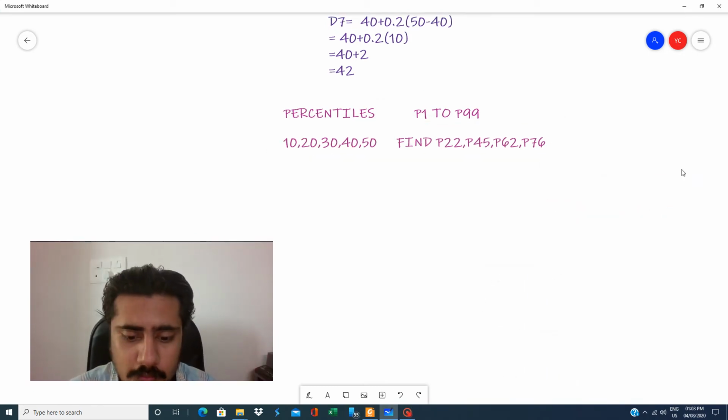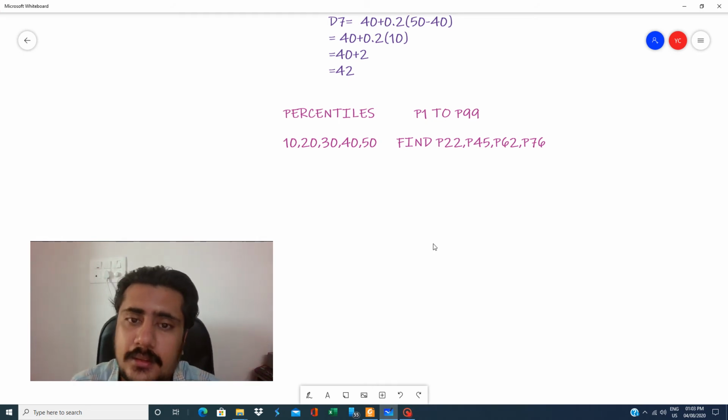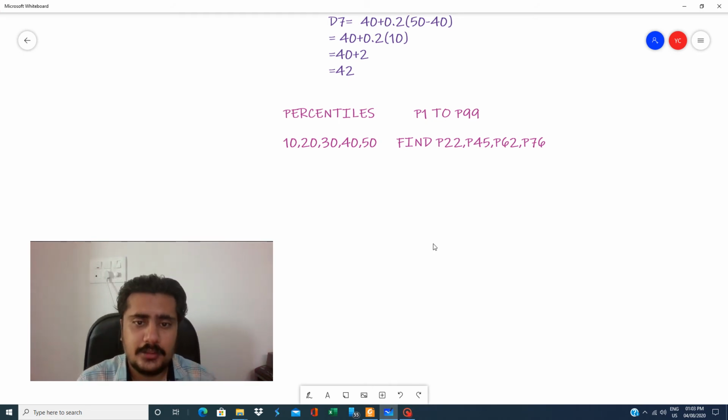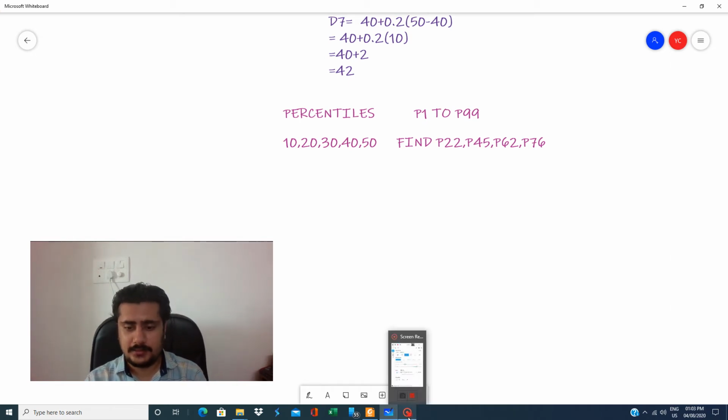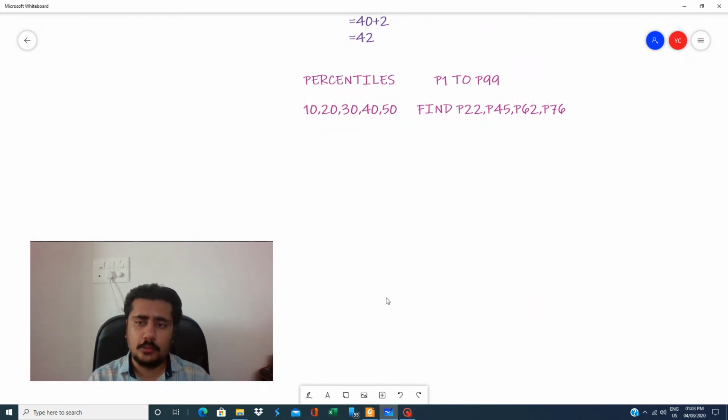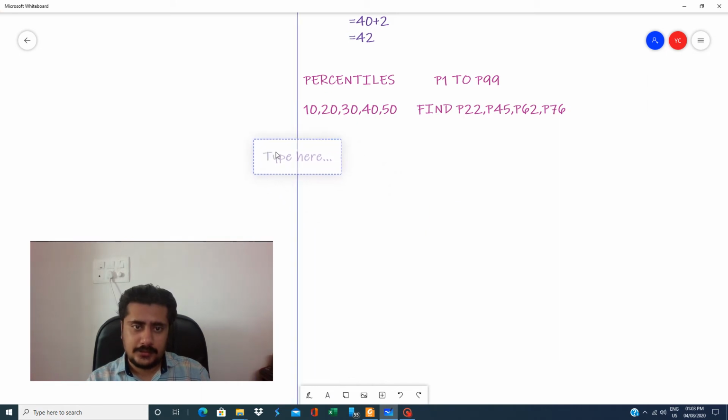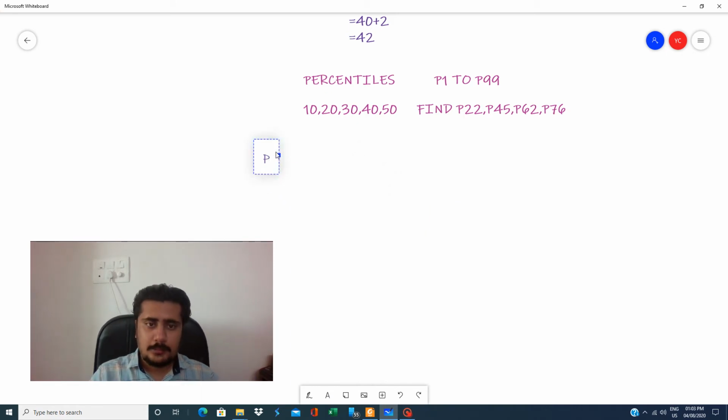Yes, so we are doing this percentile. Example is 10, 20, 30, 40, 50, and we need to find P22, P45, P62, and P76. Yes. So now I told you how to find these percentiles. Okay, let's find together. P22. If I want to find P22, then I need to write the formula.